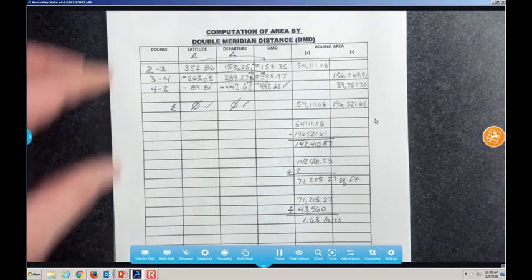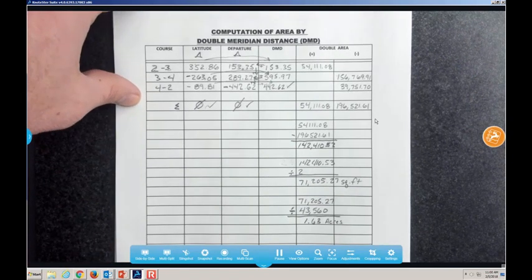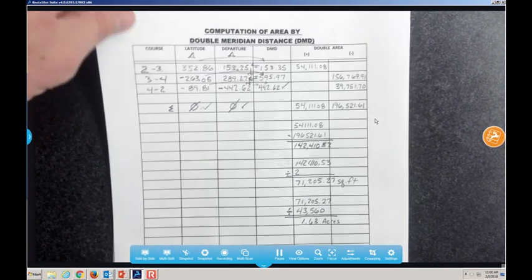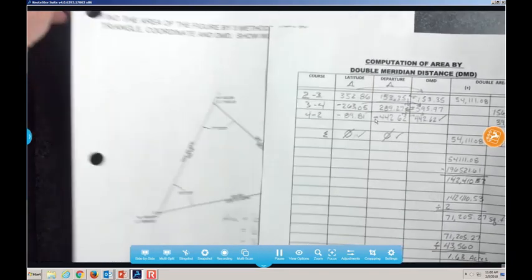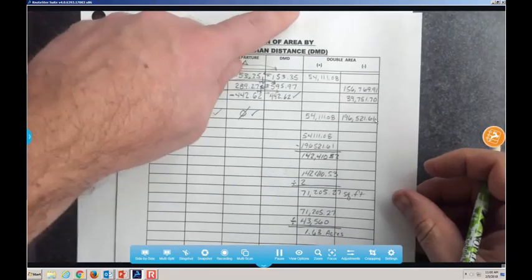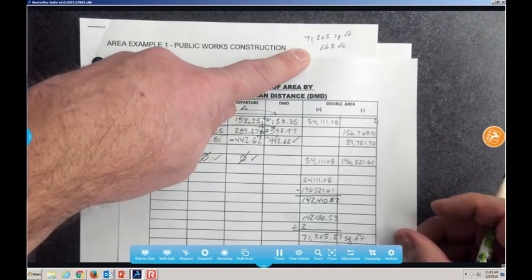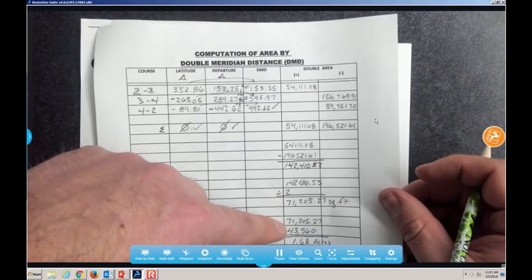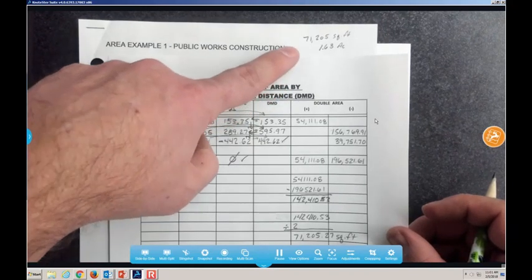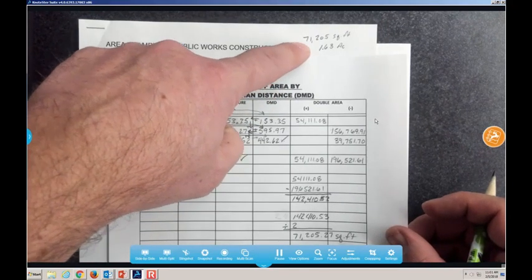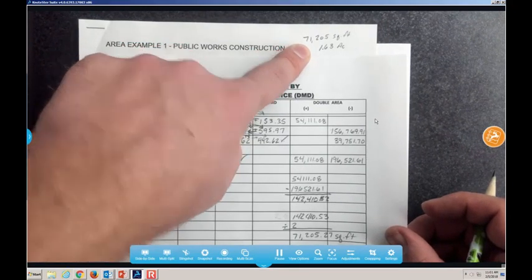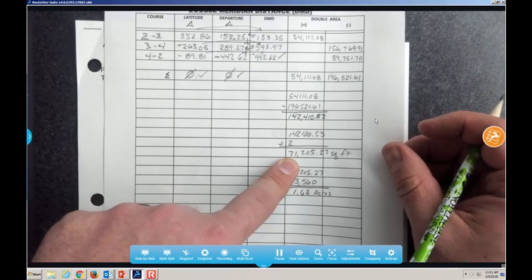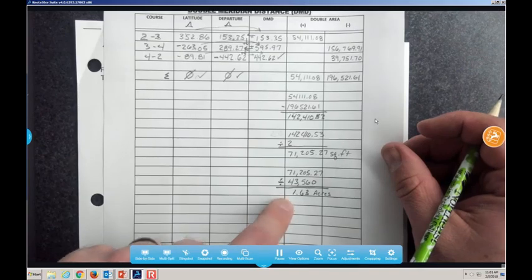Okay? So let's do a check there real quick. So we just ran through and did all this. So my triangle method, the answer is right up here. That's why I did the triangle method. So they look like they match. I got 71,205 square feet and 1.63 in the triangle method. 71,205, 1.63.